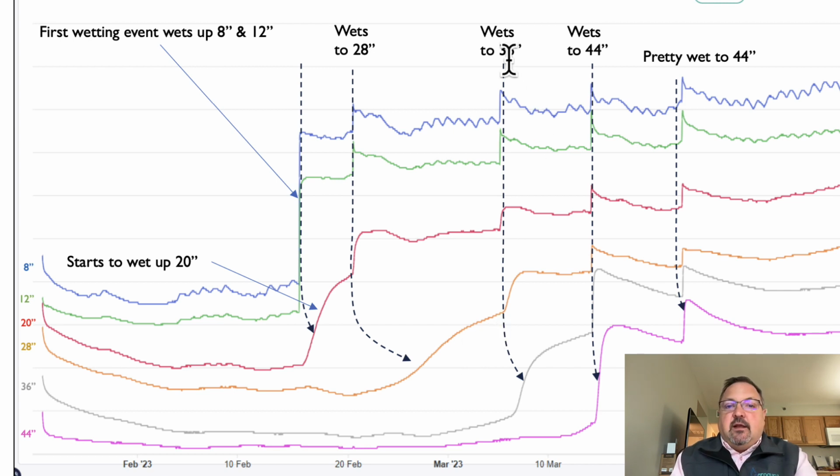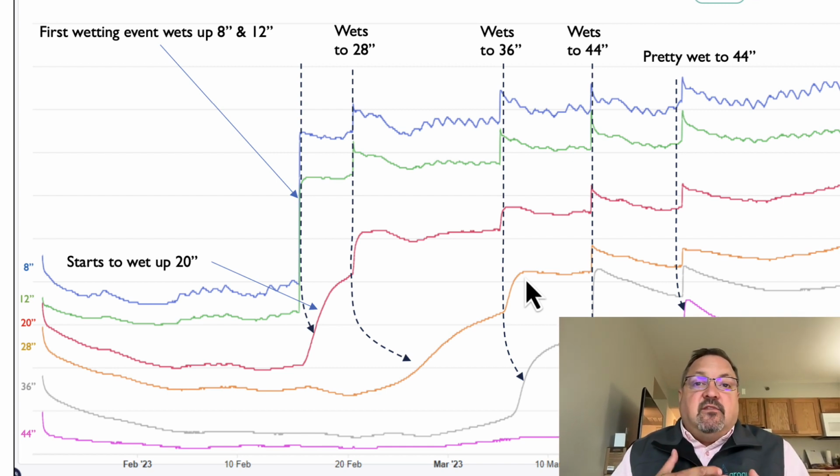And then look at this here, another rain event. Increased a little bit more at 20 inches, increased our 28 inches quite rapidly. Why? Because we were already wet. We were already starting to wet that front. As soon as that moisture hit, it increased quickly. That increase right there is telling a story of how this soil is recharging, regenerating, preparing itself for another cropping season.